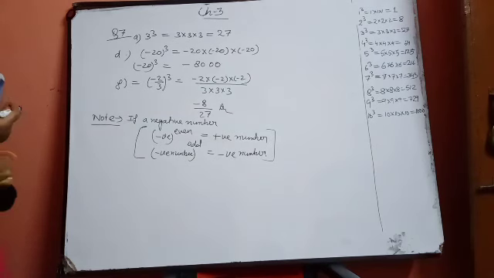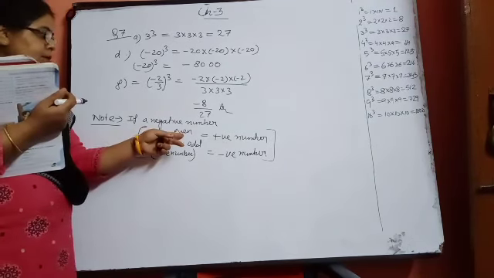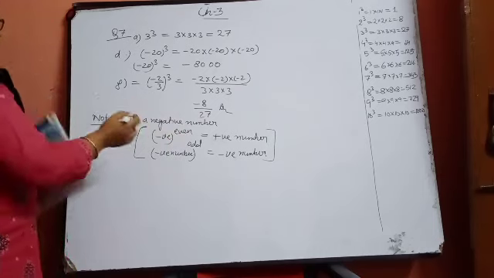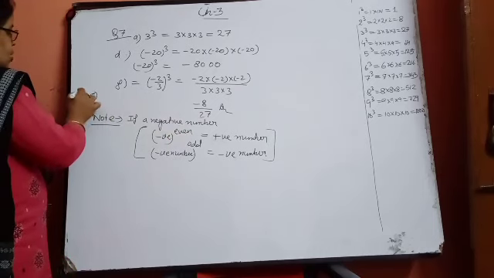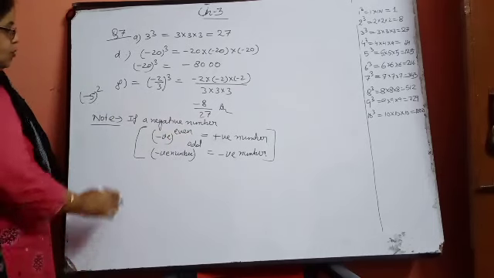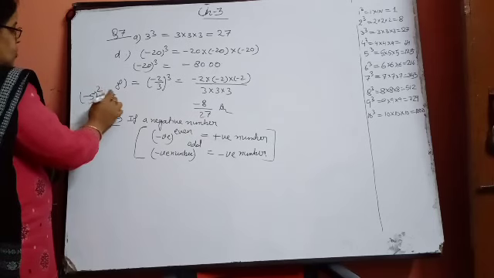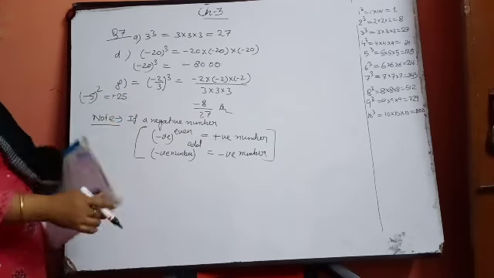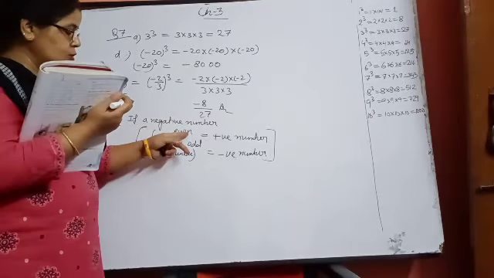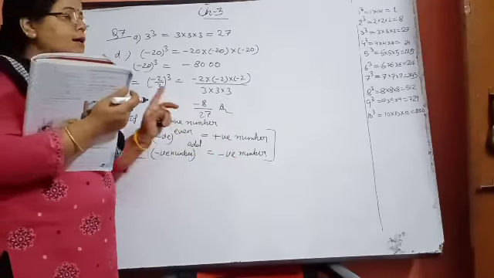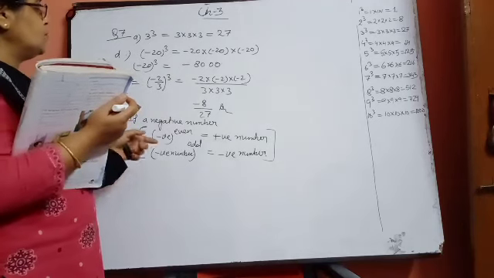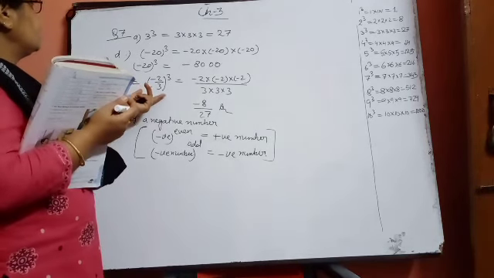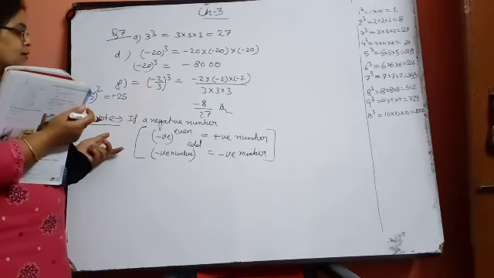Again I am repeating, if a negative number has an even power, suppose minus 5 to the power 2, then 5 fives are 25, so your answer will be 25 and it will be positive. By using this theory, you can directly write the answer, with no need for further steps. In this way you will complete question number 7 also.